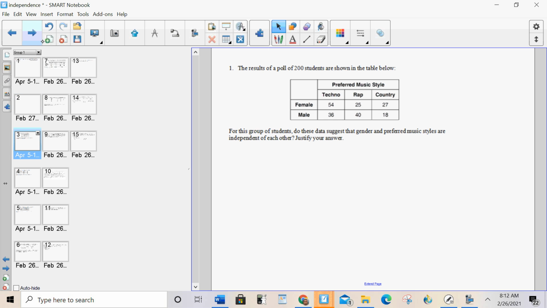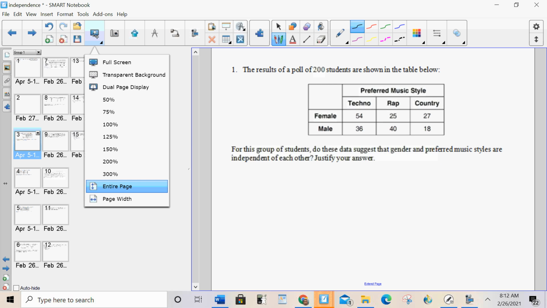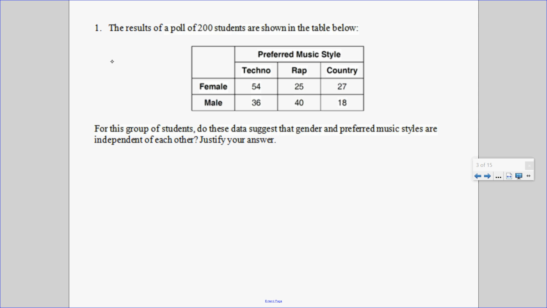So in order to do this lesson 2, we need to know how to use two-way tables. Well, we've done that in the previous two lessons. And whenever I have a two-way table, I always want to total everything up. So I'm going to total everything up. 54 plus 36 is 90. That's 65. That's 45.